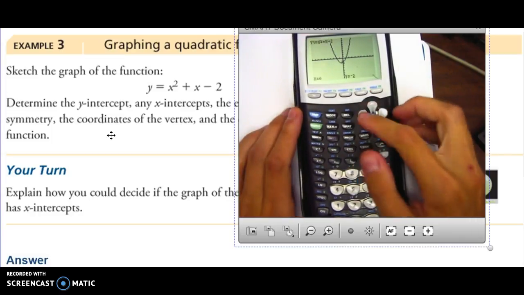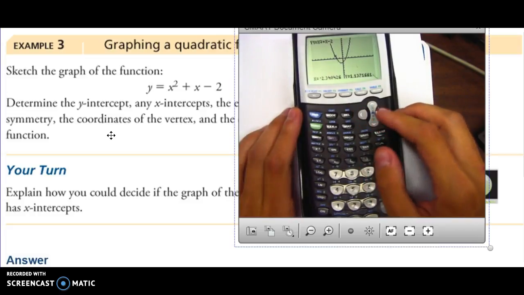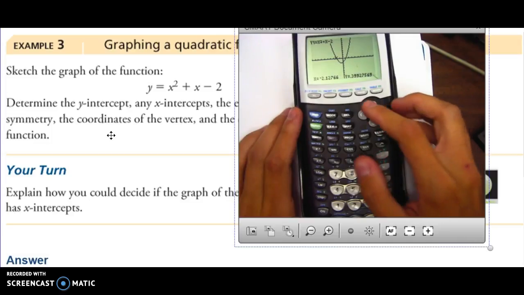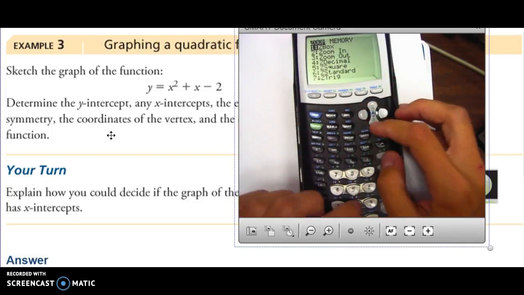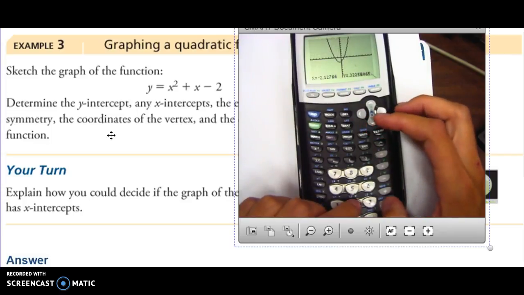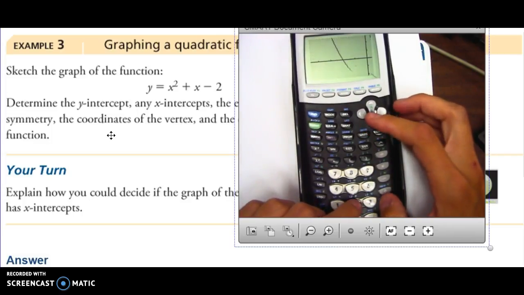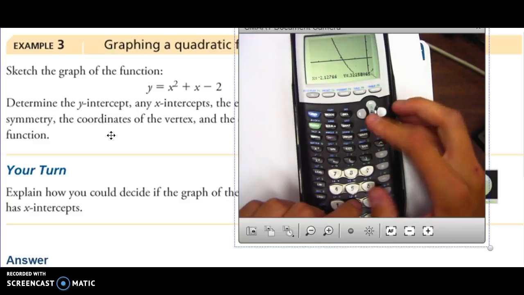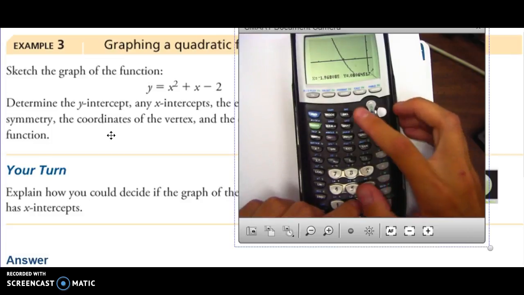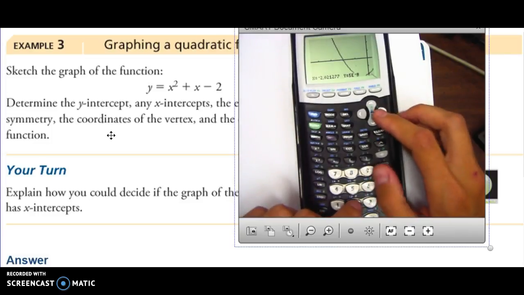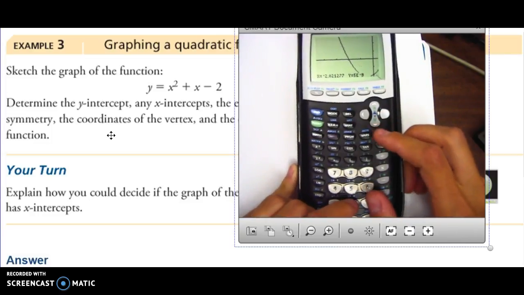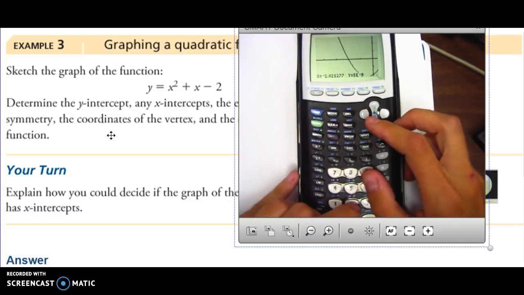I'll hit my trace button and trace back up my parabola, and zoom in on my picture at this point, and it will show me my x-intercept is -2. So now we've found our y-intercept to be -2. We have an x-intercept of -2 and an x-intercept of 1.